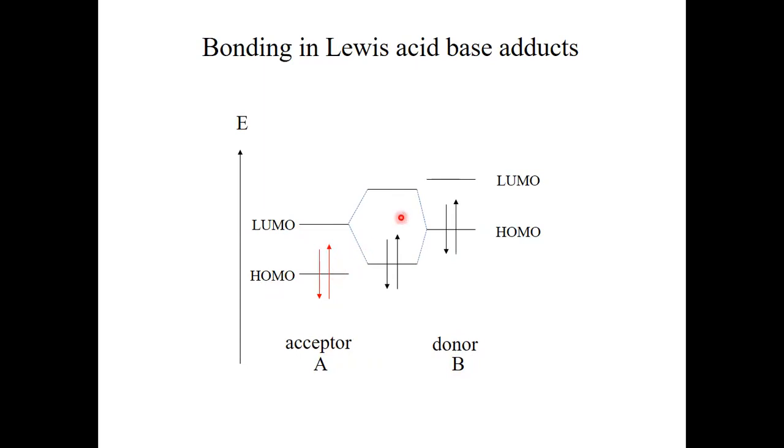They could only interact with the LUMO of B, but because the energy difference is so large, there will be hardly any covalent interaction.